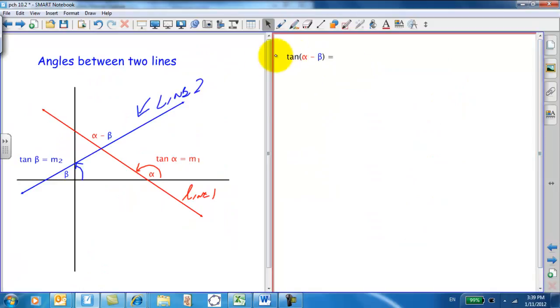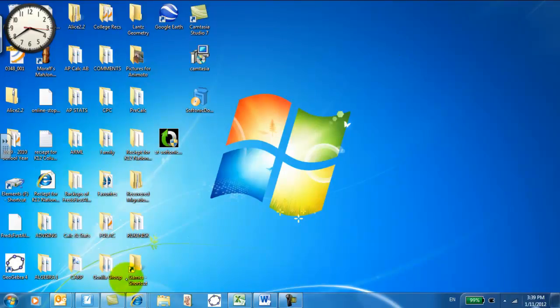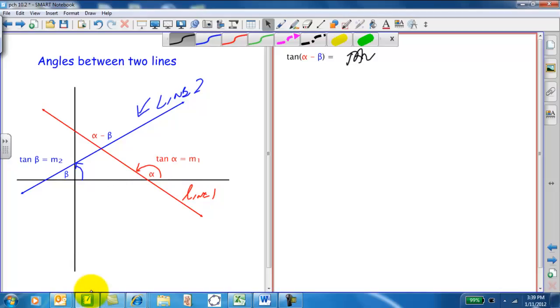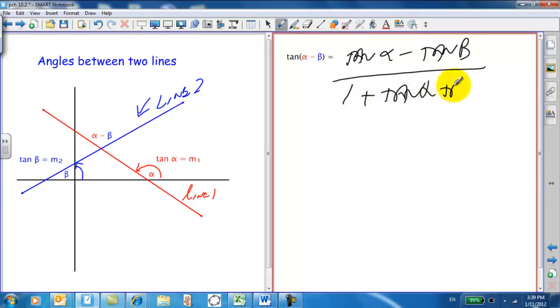And if we look at the tangent of alpha minus beta, we get the tan of alpha minus the tan of beta all over 1 plus tan alpha times tan beta.